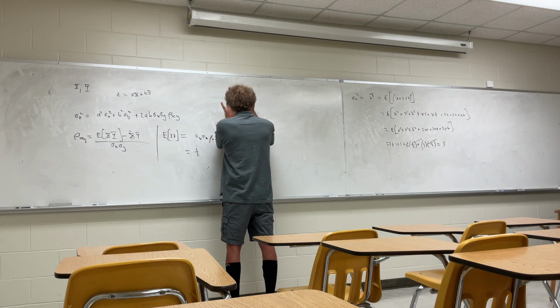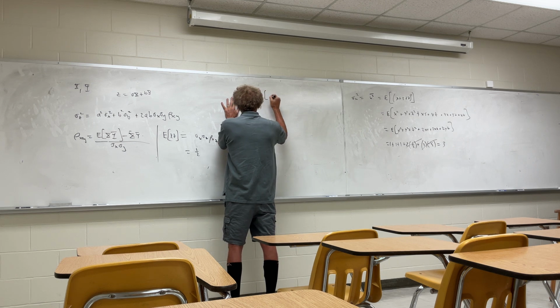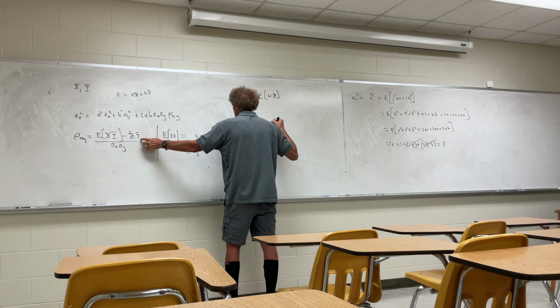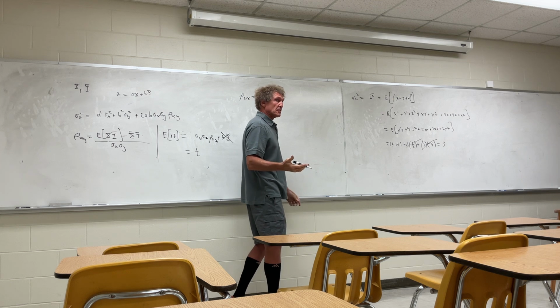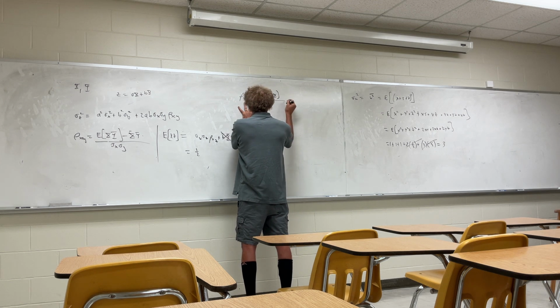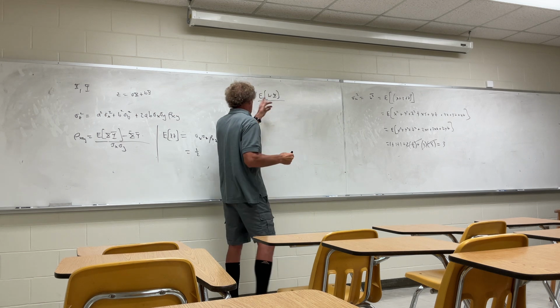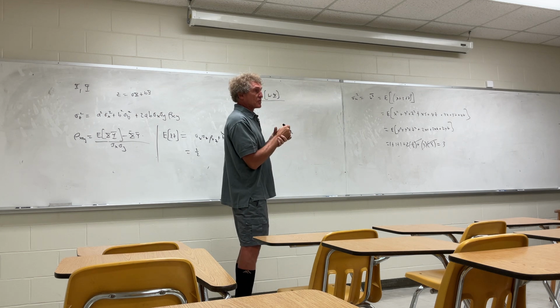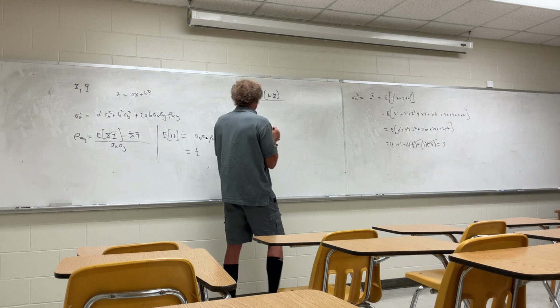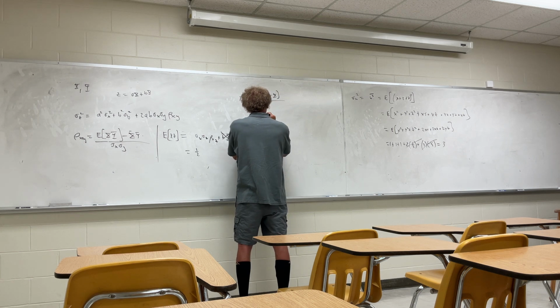So rho of W and X would be equal to the expected value of WX. Because the W bar and X bar are 0, I'm not even going to put it down. It's going to be that over 1, or basically, the correlation coefficient is the expected value of W and X. Do you agree with that, first of all? Everybody, based on the fundamental math. So this is going to be equal to the expected value.